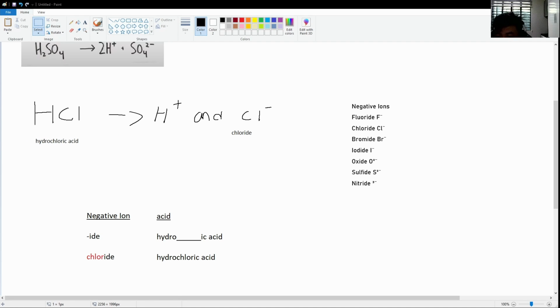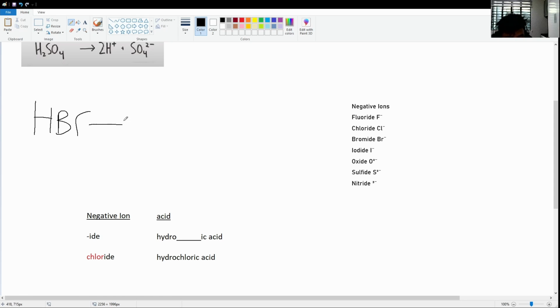Now let's do another example. HBr. First we're going to break this down into the two ions that it's made out of. So it's going to be H plus and Br minus. Br is obviously bromide.